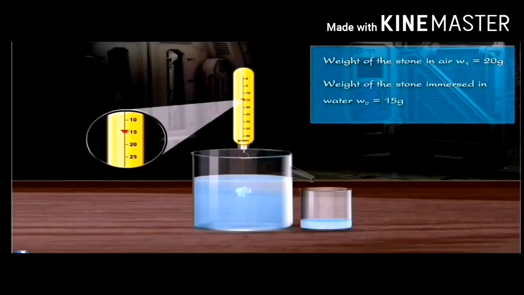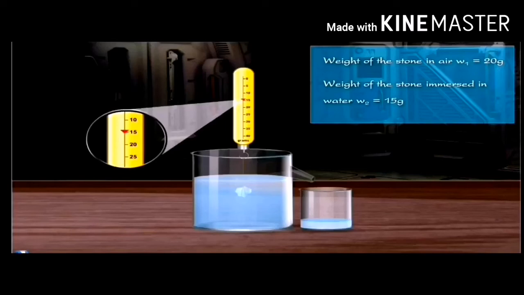In air the weight of the stone is 20 gram, right? That we calculated. And the weight of the stone in water is 15 gram. Therefore, the weight of the stone in water is less than the weight of the stone in air.